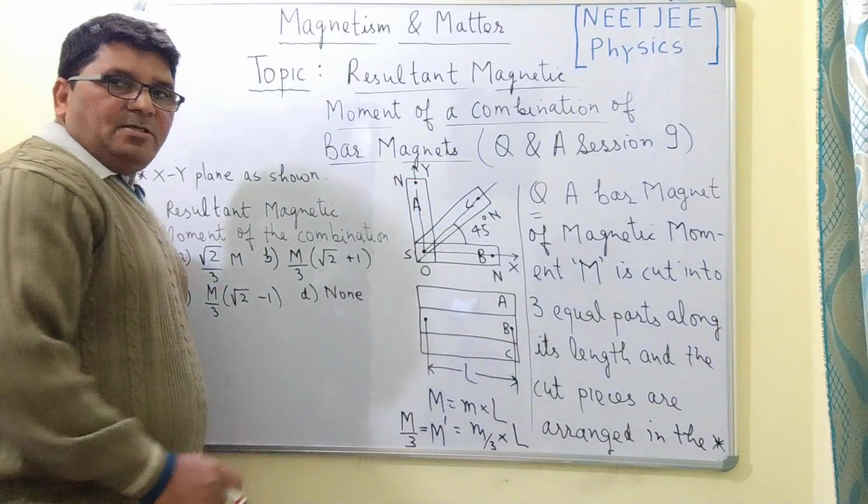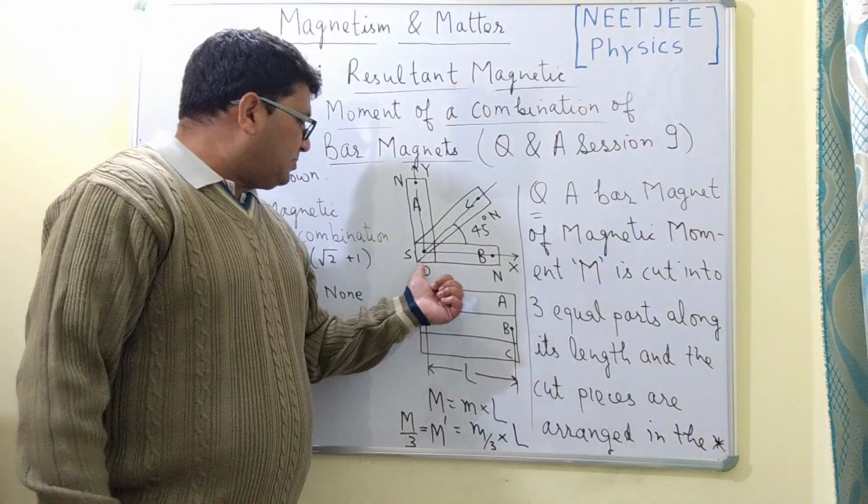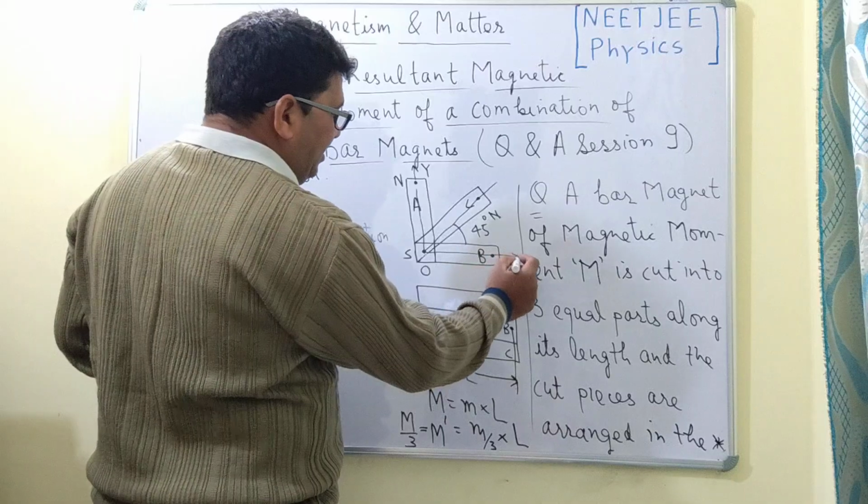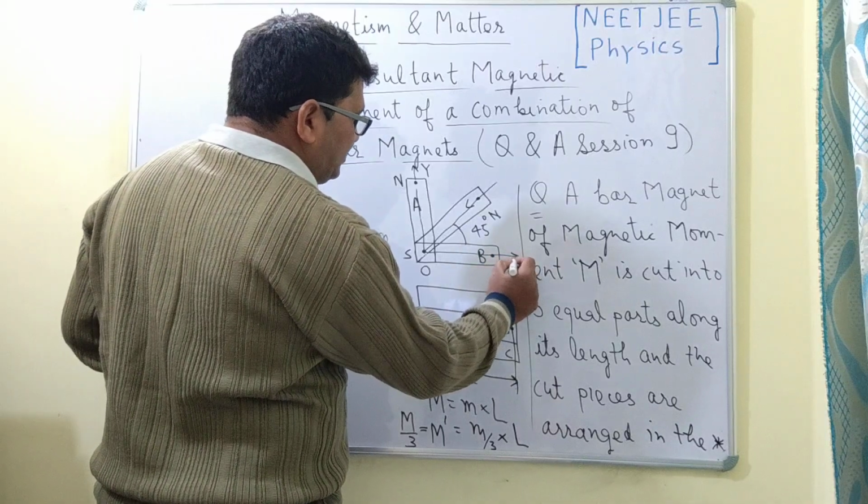Now the direction of the magnetic moment is always from the south pole towards the north pole. So the magnetic moment of this bar magnet B will be along the x-axis.